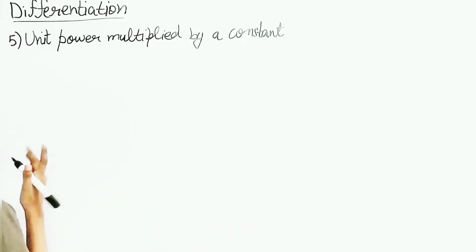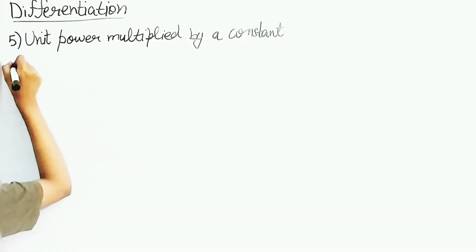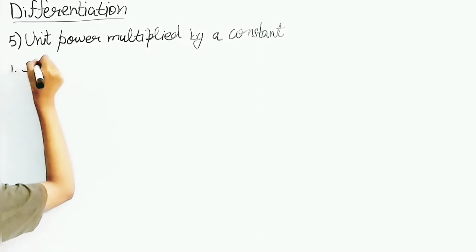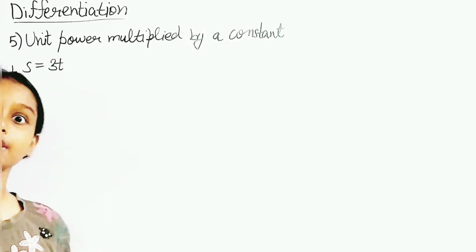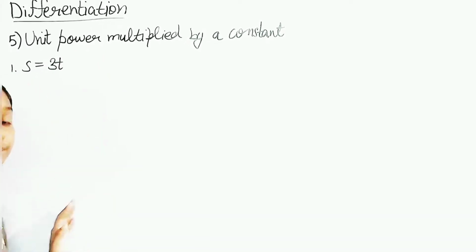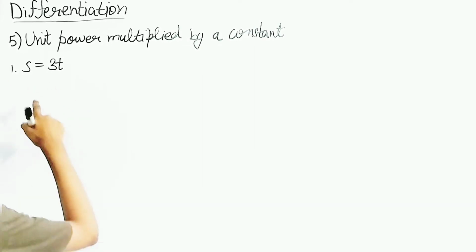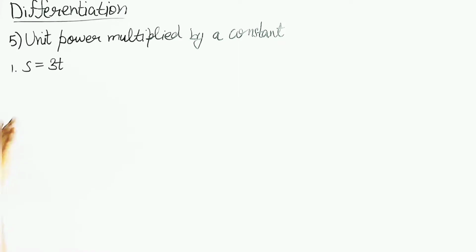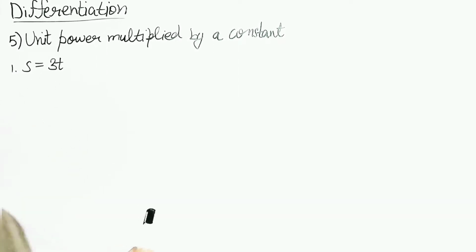Unit part is basically referring to this thing. Let's take an example. First, S is equal to 3t. How are we going to differentiate it? That's easy.